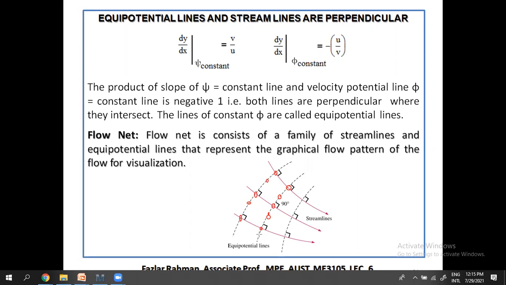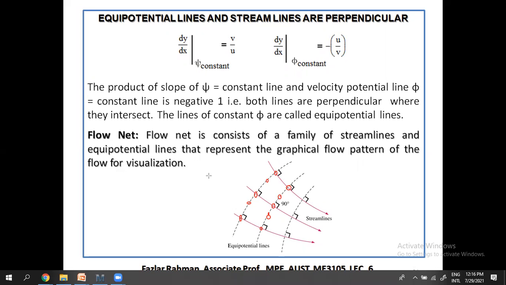Then you can see where the velocity is equal, how the streamline is going. Okay, so a flow net consists of a family of streamlines and equipotential lines that represent the graphical flow pattern of the flow for visualization.